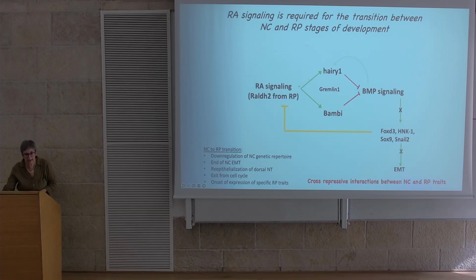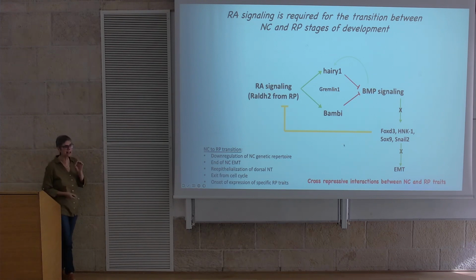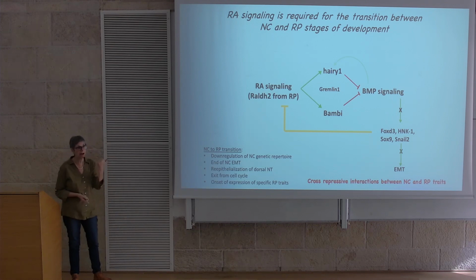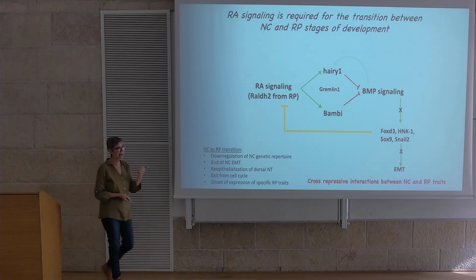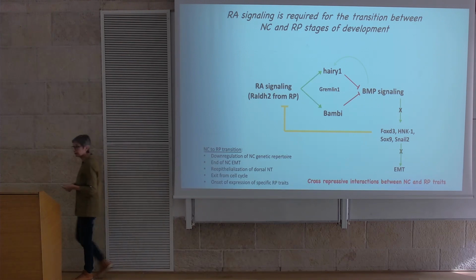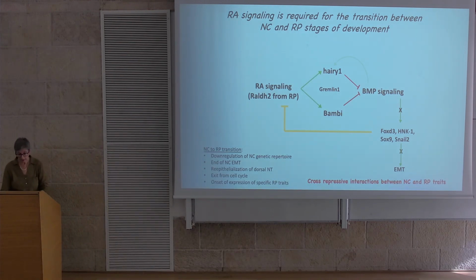Namely, there is a kind of feedback, cross-inhibitory, cross-repressive talk that takes place not in space, it takes place in time. Meaning that if I am a neural crest, I will actively repress any possibility of any gene of the next stage to become expressed. And once I am a roof plate cell, I will inhibit all of the neural crest possible genes.